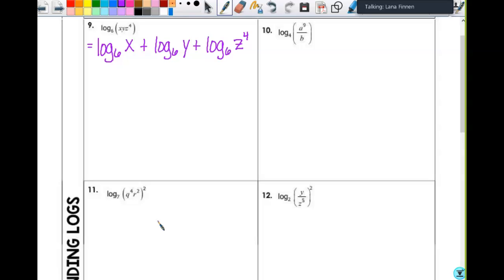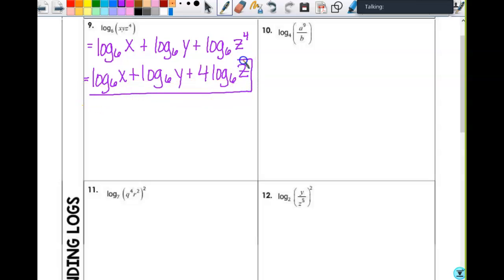Then I can move the 4 now, so I'm just going to rewrite the first 2. Log base 6 of x plus log base 6 of y plus 4 times log base 6 of z. And there you go.